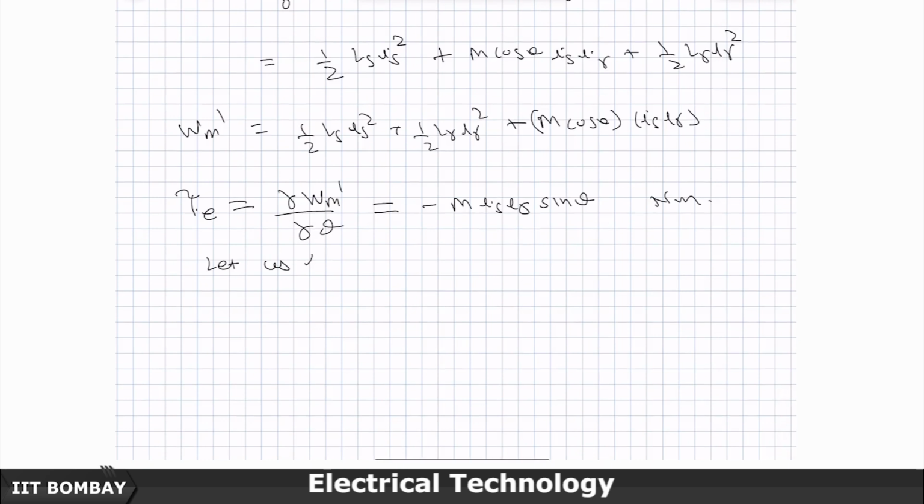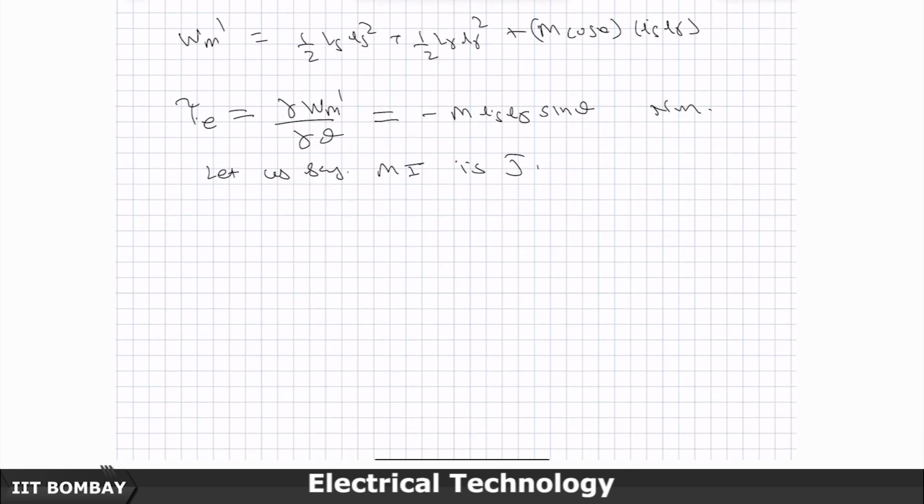Now, let us say that the moment of inertia is J. Then let us write the electrical and the mechanical equations associated with this circuit. So, what I have here is this box, which is my coupling field. Then I have two sets of coupled windings.